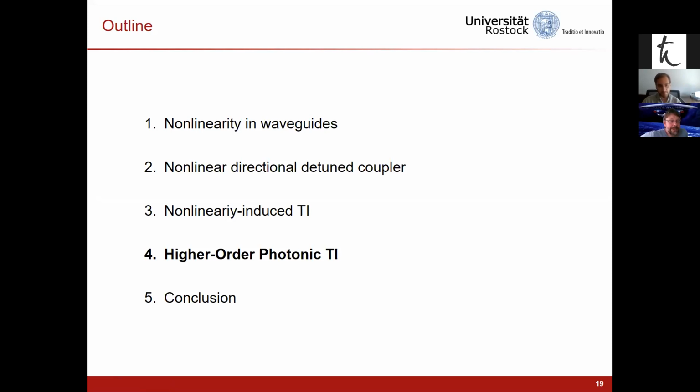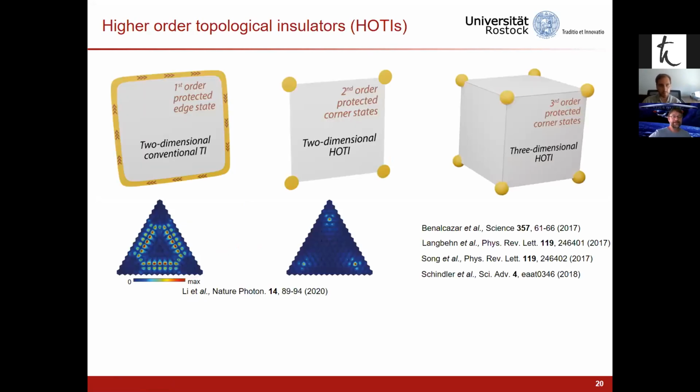Okay, so now let's just quickly go to the higher order photonic topological insulators. You probably all know what higher order topological insulators are. So usually first order topological insulators means that you have, for example, a 2-dimensional system and the edge states are 1-dimensional. So the edge states have 1 dimension less than the actual system dimension.